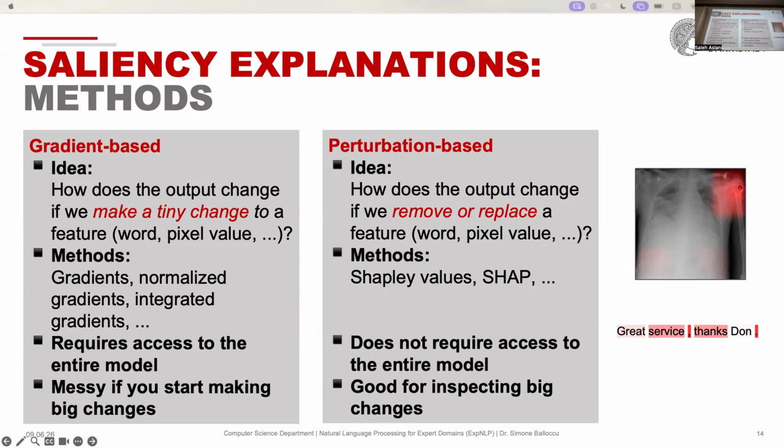What we do here is we replace some part of the inputs, or we remove some part of it completely, and then we see what happens to the prediction. By doing that, we can understand which parts are having the most impact.